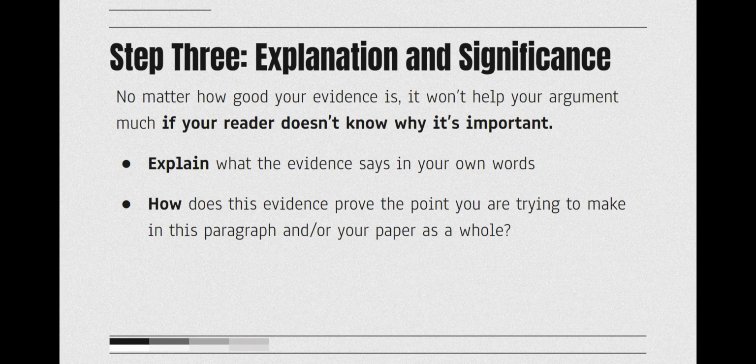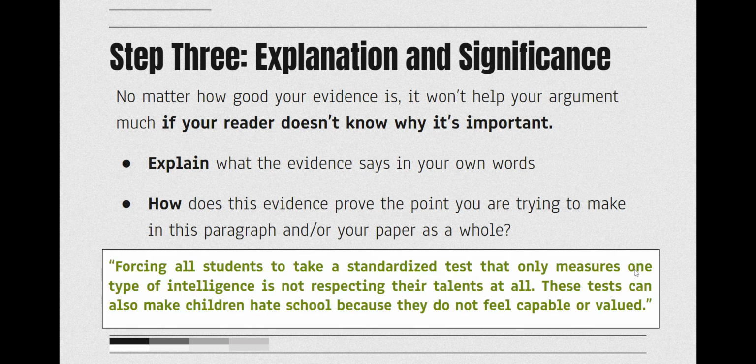This is really how you can step up your argument from maybe a 6th grade level paper to a 7th grade level paper: how does your evidence prove your point more specifically, but then also how does it relate to your essay as a whole? If you can connect your first and second paragraphs with your reasoning, you will be golden. So let's take a look at this example here.